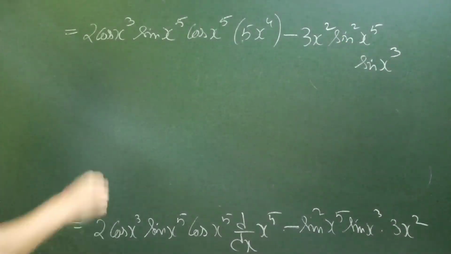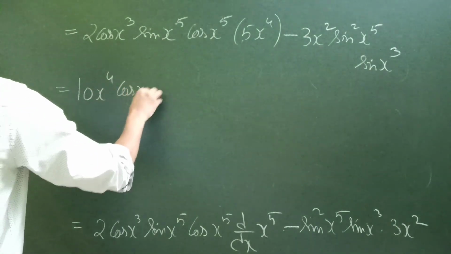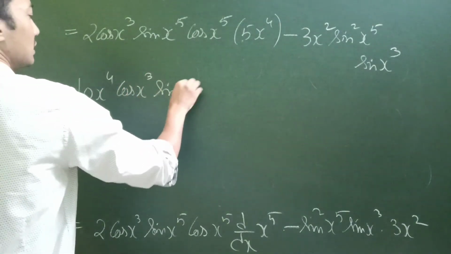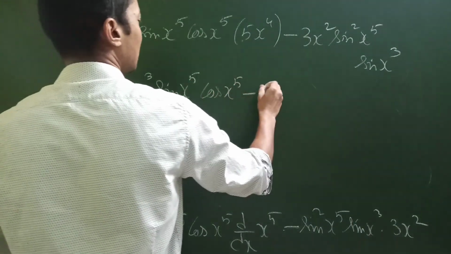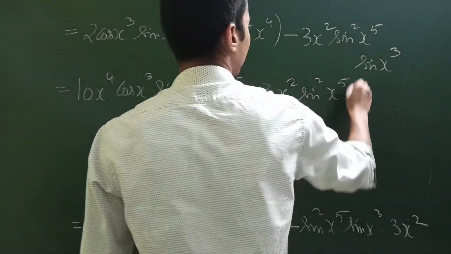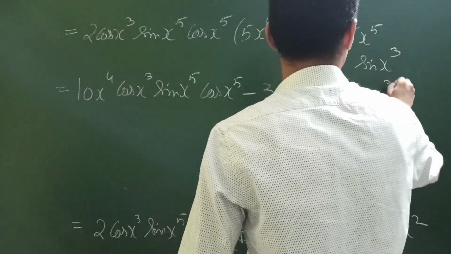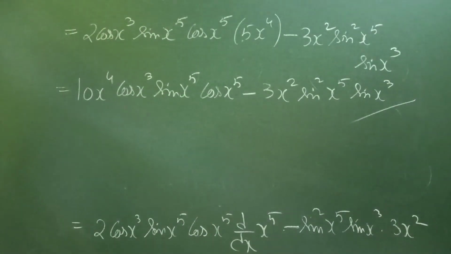And then of course finally, if you want to write down the textbook answer, 10 x power 4 cos x cube sine x power 5 cos x power 5 minus 3 x square sine square x power 5 sine x cube. So that is the solution.